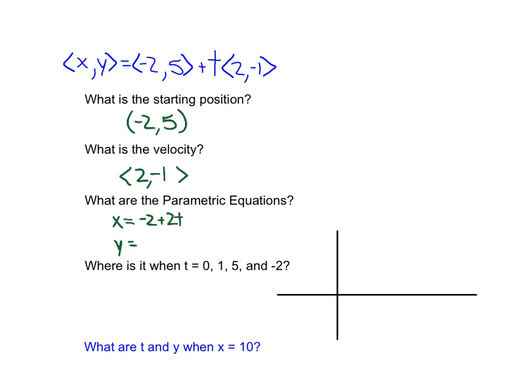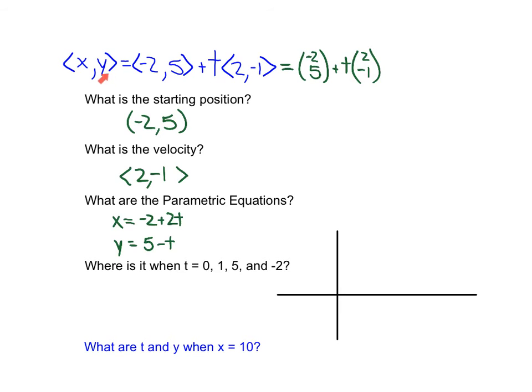Okay? How about my y? Y equals 5 minus t. Let me give you a little tip here. This is where the notation can be helpful, using an alternate form of the notation. If I use the notation like this, you can see, hey, my horizontal parametric equation is just negative 2 plus t times 2.